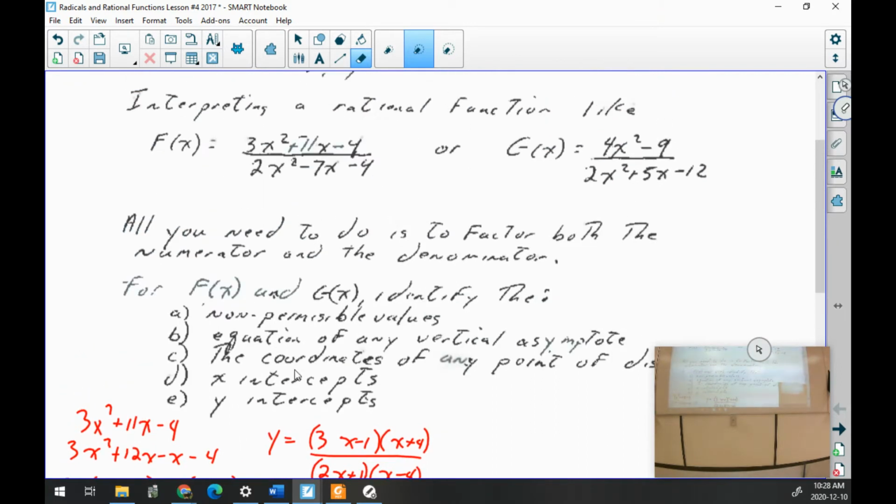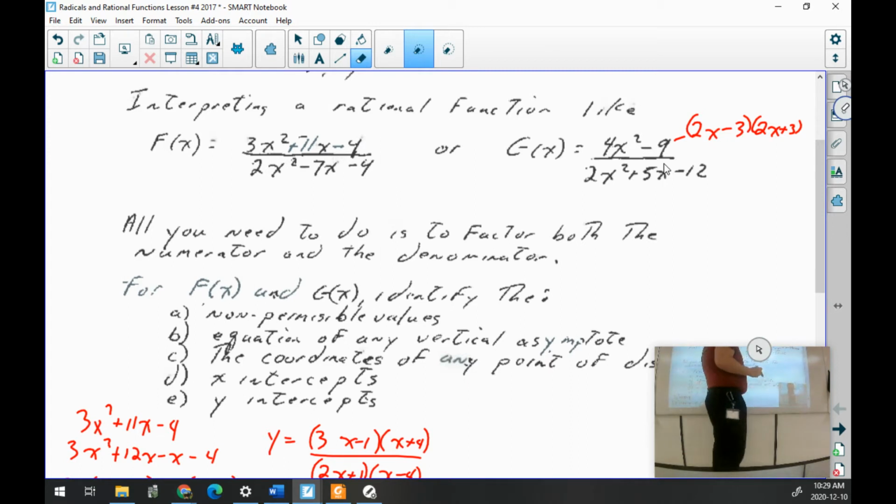Okay. Same thing with this one. What I see with this one in particular, I see a difference of squares for the top. So that's going to be 2x minus 3, 2x plus 3.